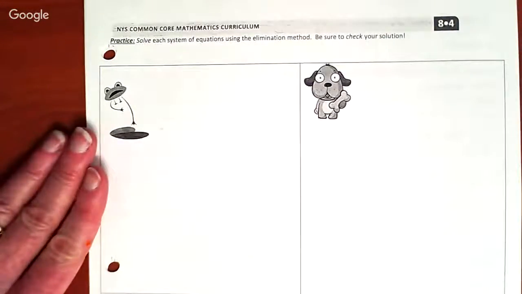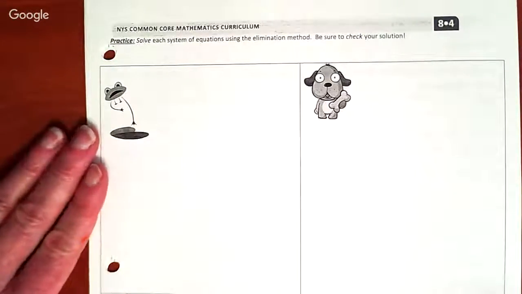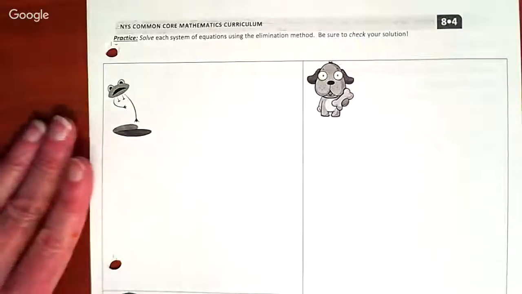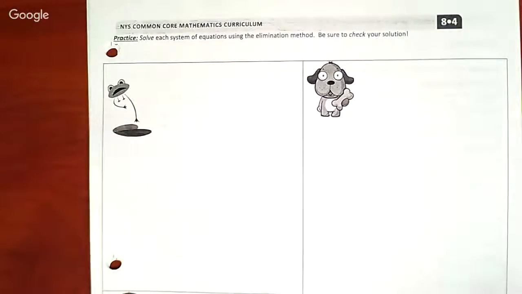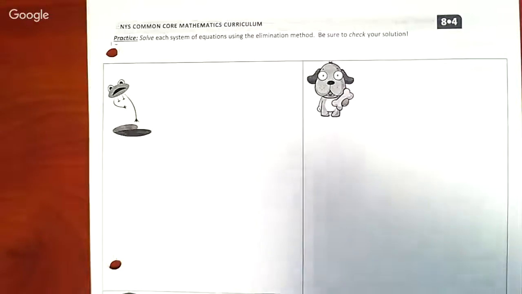We have cards for these, so you'll have to get those in class in order to do them. We'll be doing 4 of them in class, and you will be picking them as we go.